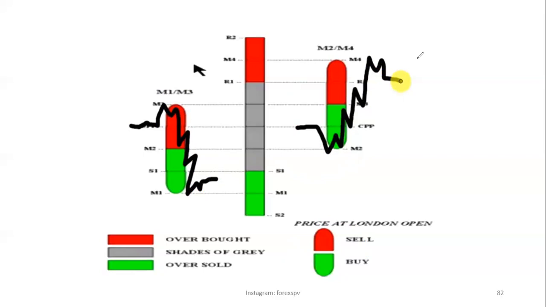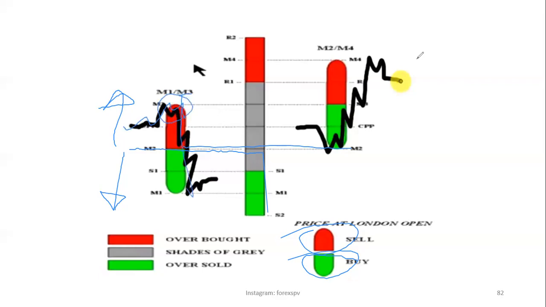So this is M2. From the M2 level going down, it will be our oversold area. From M2 going up, it will be our overbought area. And if it's a red day, we expect the market to move to M3, form a pattern, and our target to be M1.